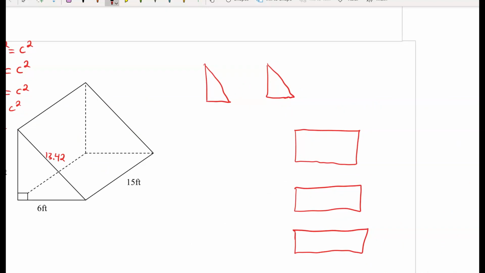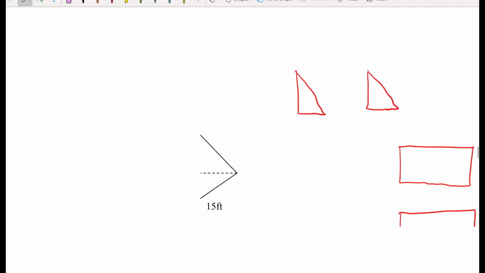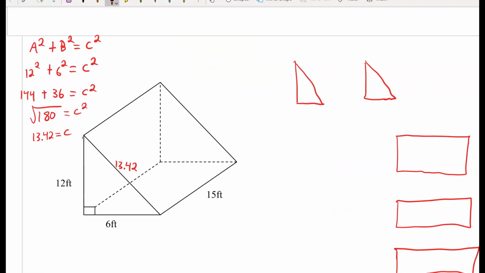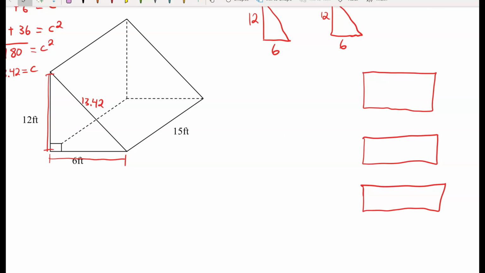Now that we have all of our measurements, we can start filling in the diagrams that we drew. For the triangle, we want to look back and we have a height of 12 and a base of 6. Then we want to calculate for one of our 3 rectangles here.